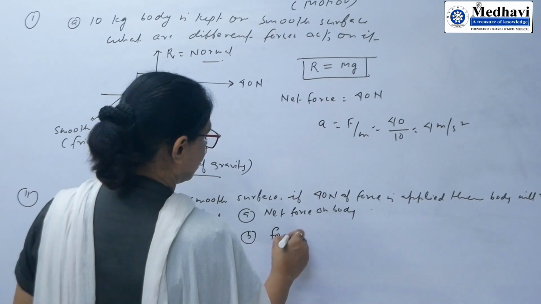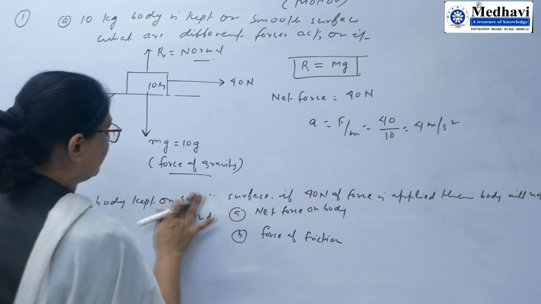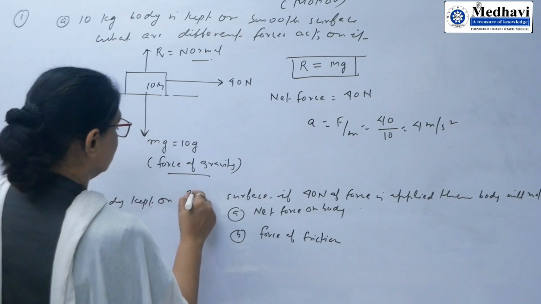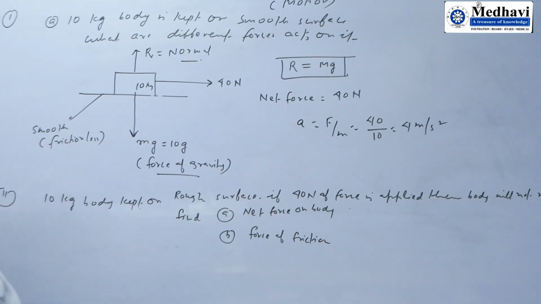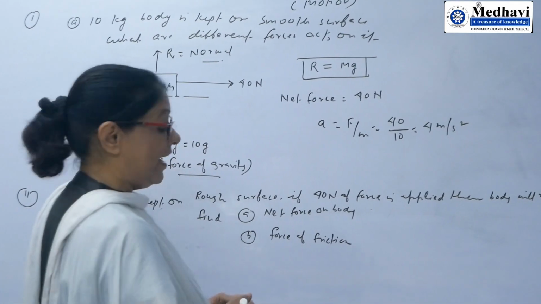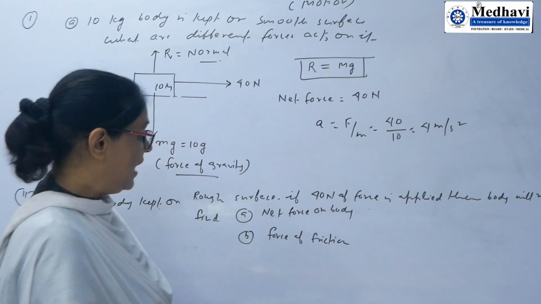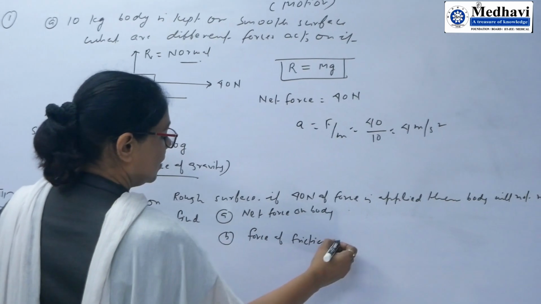Second, the force of friction. Here is a rough surface. In place of smooth, we can use a rough surface. A 10 kg weight body is kept on a rough surface. If 40 Newton of force is applied, then the body will not move. Find the net force on the body and the force of friction produced.